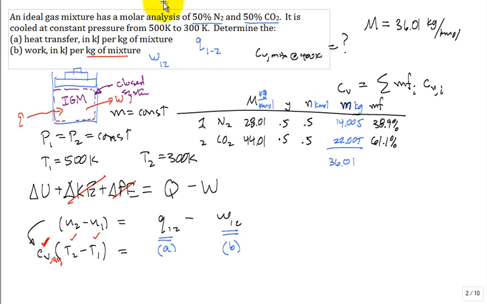Now I want to calculate. I go and I look up the specific heat constant volume for those species. Luckily, we have a table where they tabulate temperature-dependent specific heats for both nitrogen and carbon dioxide. So I look it up at a temperature of 400 Kelvin.